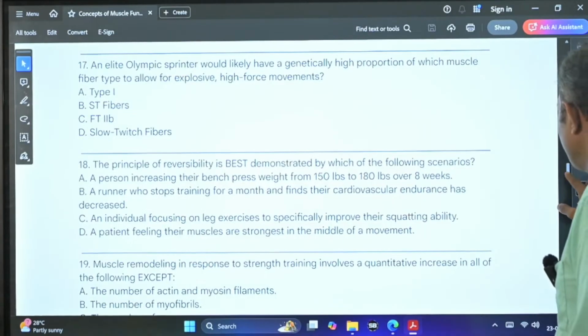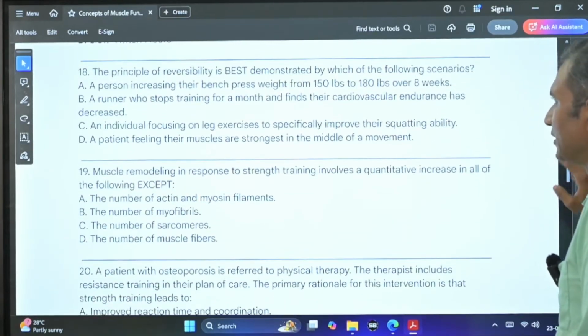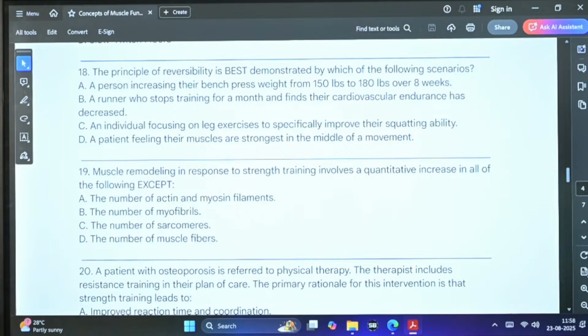Okay, we are going for question number 18. The principle of reversibility is best demonstrated by which of the following scenarios? A. A person increasing their bench press strength from 150 lbs to 180 lbs over 8 weeks.